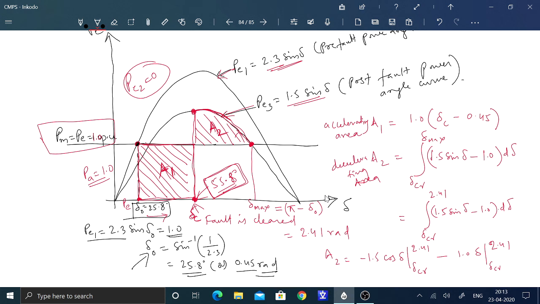Initially the machine is delivering 1 per unit power to the infinite bus system, and it is operating at the initial load angle delta naught equal to 25.8 degrees.